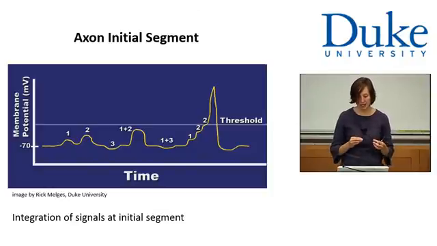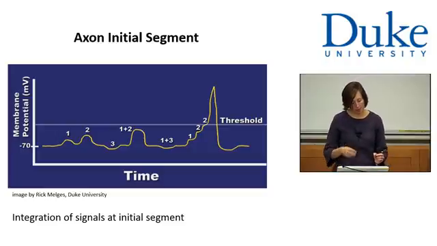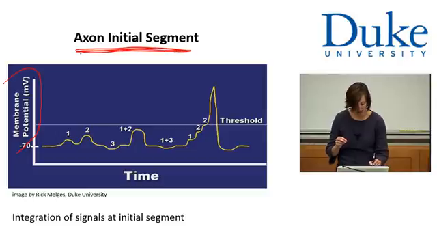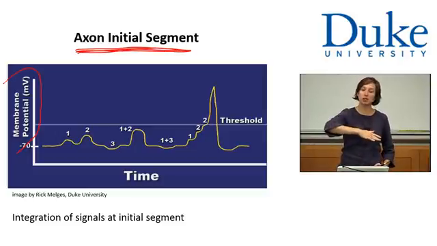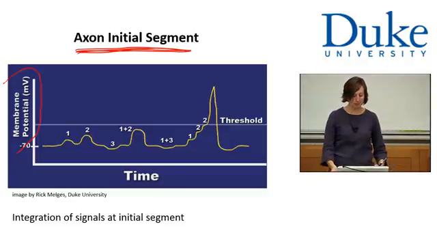Okay, so this is the idea of having multiple synapses, so multiple inputs through graded potentials, and imagining that we're measuring the membrane potential at the axon initial segment, so that we know if the membrane potential goes above threshold at the axon initial segment, we're going to send an action potential down the axon.